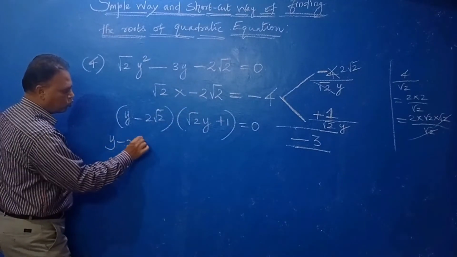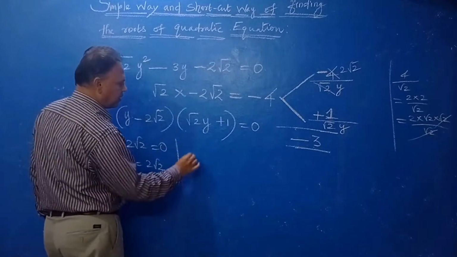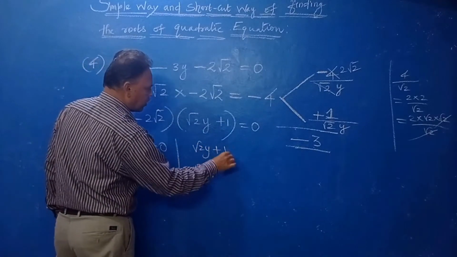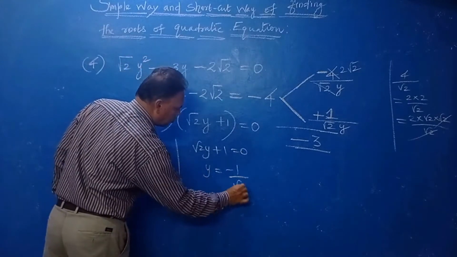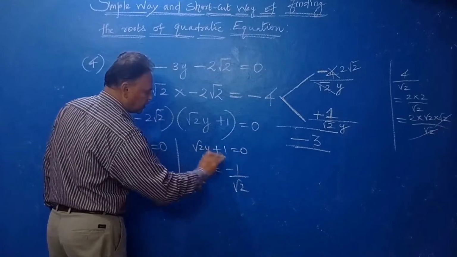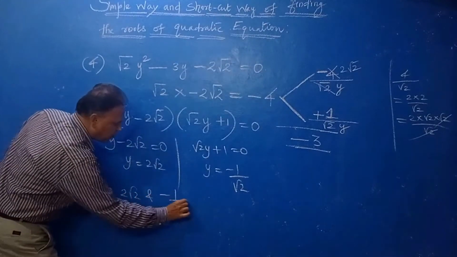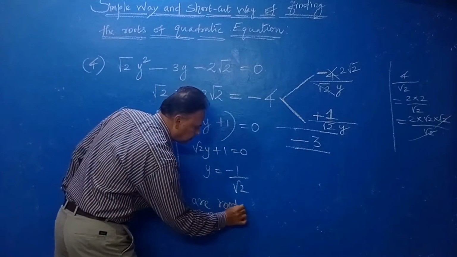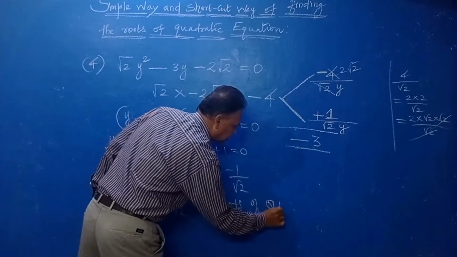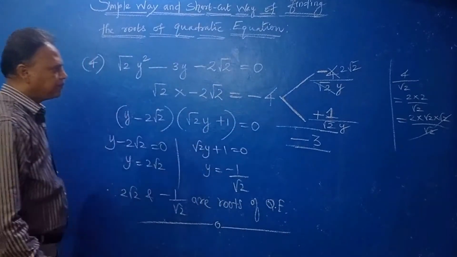Y minus 2 root 2 equal to 0 means y is equal to 2 root 2, and root 2 y plus 1 equal to 0 means y equal to minus 1 by root 2. Plus 1 bring this side, minus 1, this root 2 you divide. Therefore, 2 root 2 and minus 1 by root 2 are the roots of the given quadratic equation.